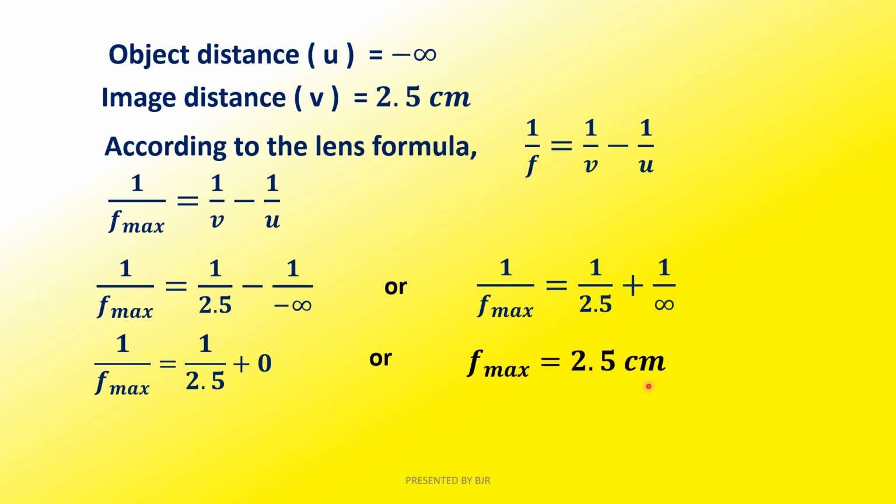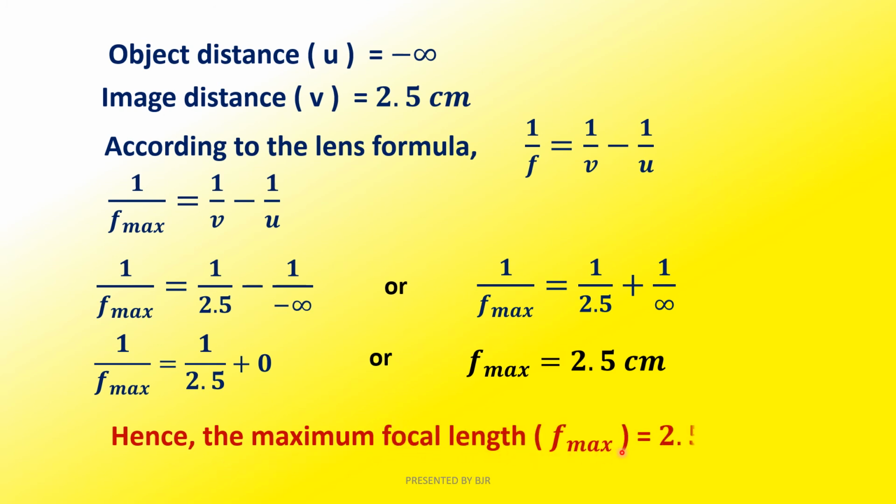So for the eye lens, the maximum focal length is 2.5 centimeters when the object is at infinity.